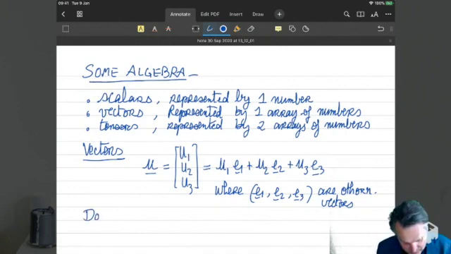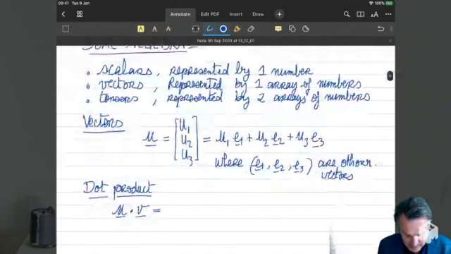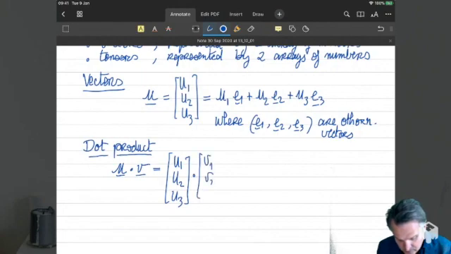There's the dot product of two vectors. The dot product of two vectors is a scalar, right? And it's represented by a dot between the two vectors. If I do u dot v, and you must remember those rules, you can write it like this: (u1, u2, u3) dot (v1, v2, v3).